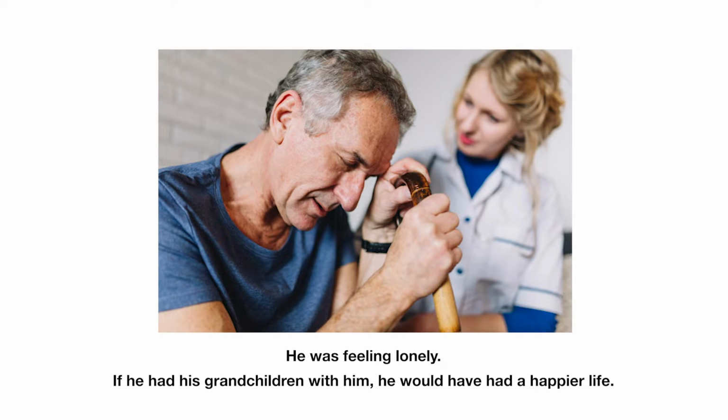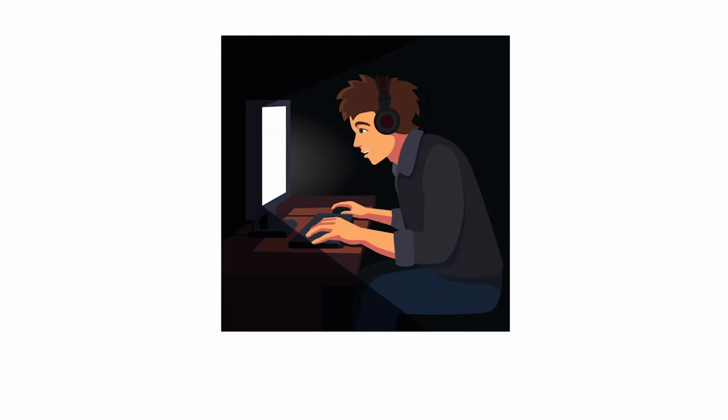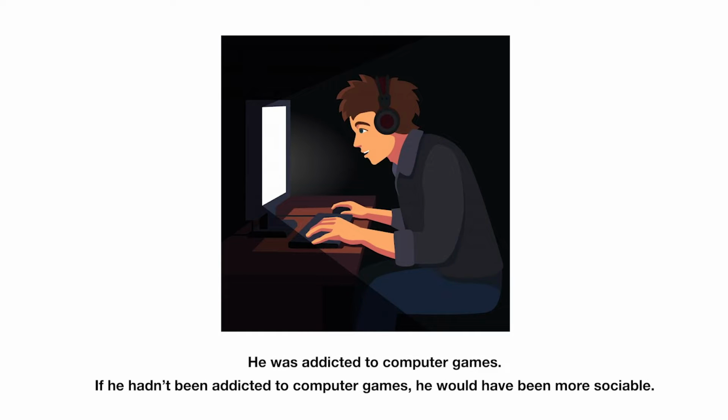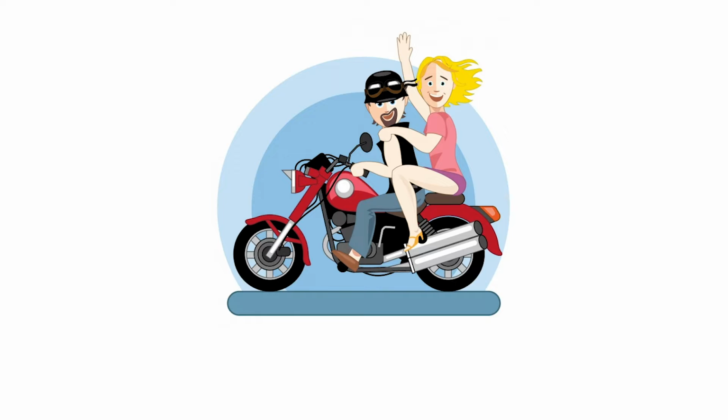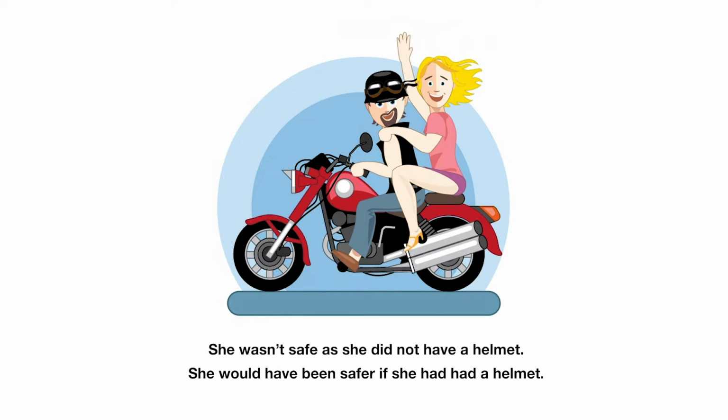If he had his grandchildren with him, he would have had a happier life. Picture 3. He was addicted to computer games. If he hadn't been addicted to computer games, he would have been more sociable. Picture 4. She wasn't safe as she didn't have a helmet. She would have been safer if she had had a helmet.